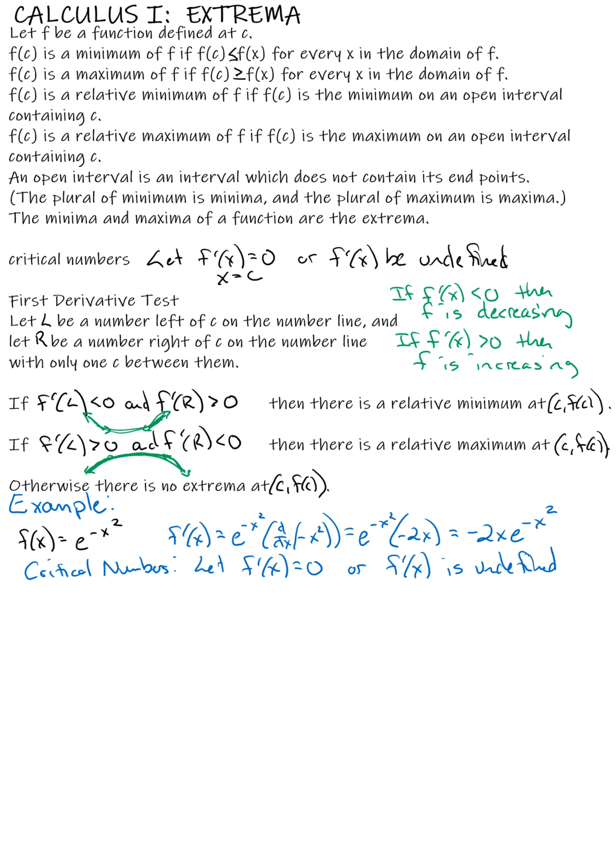So what do we have? The first derivative is negative 2x e to the negative x squared. That's equal to 0. Well, if that's the situation, remember e raised to any power is never 0, so that gives us negative 2x is equal to 0, or x is equal to 0.